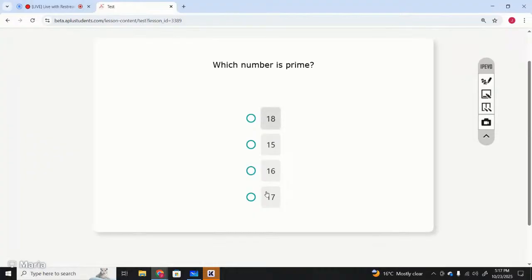Which number is prime? 18, 15, 16, and 17. 17 is the prime number. The rest of the three numbers are composite numbers.